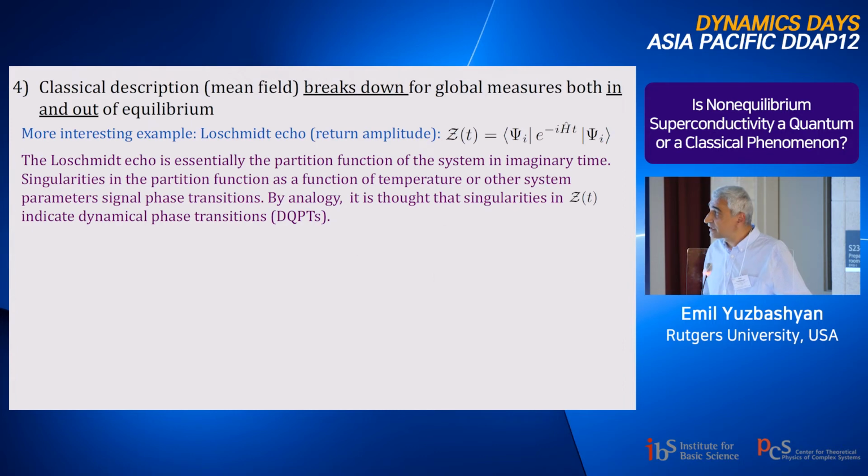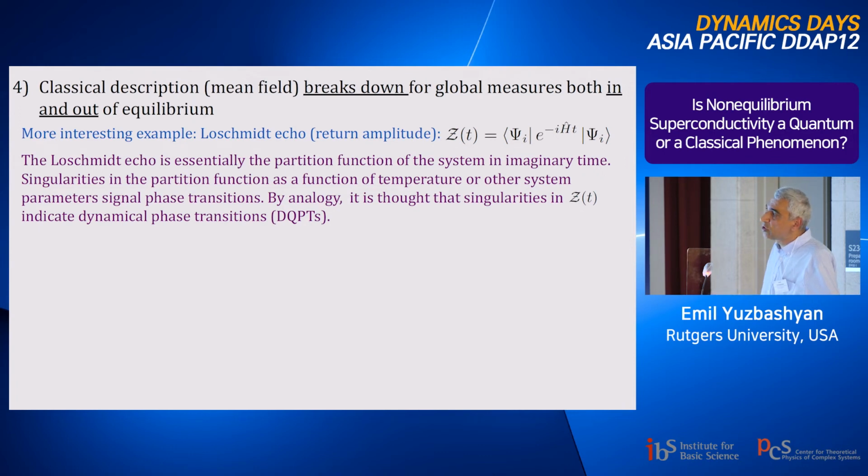A more interesting example is the Loschmidt echo. The Loschmidt echo, defined by this equation, is the amplitude to return to whatever initial state I have after evolving it for time t. So this is essentially the partition function of the system in imaginary time.